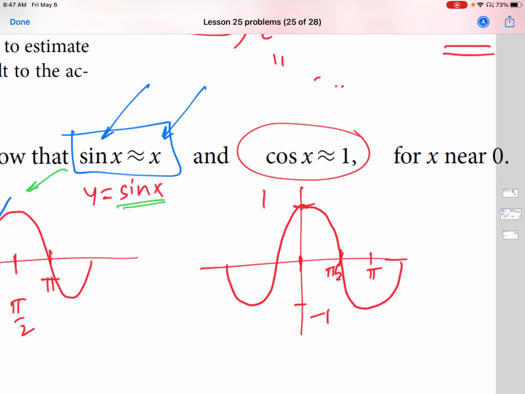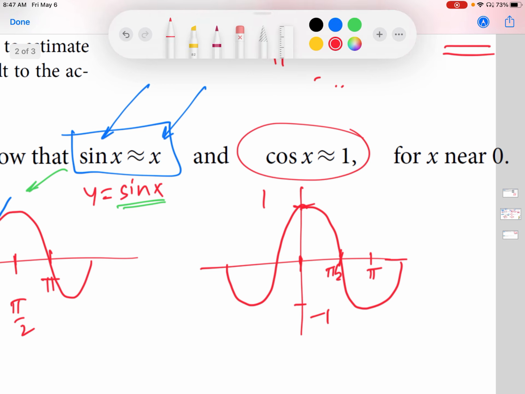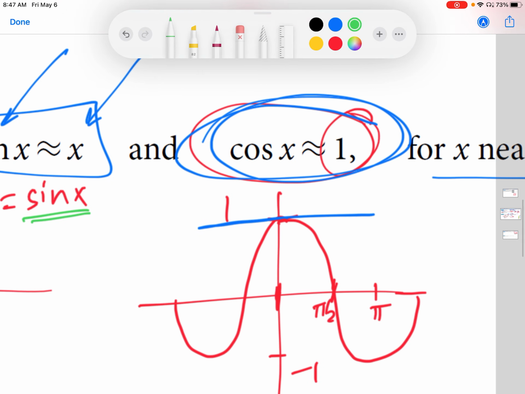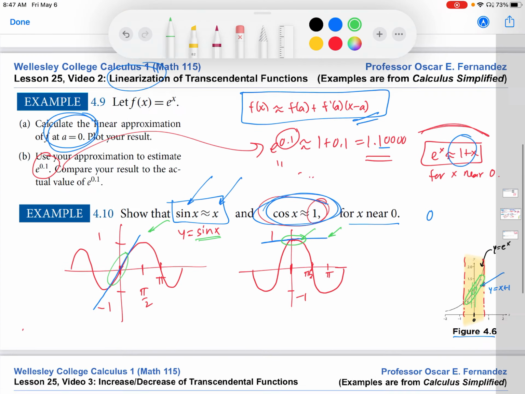For x near 0, if I plot y equals 1, then the values of cosine x are going to be close to the values of 1 as long as x is near 0. And you can see that's true. In this little region over here, the y values of 1 are very close to the y values of cosine x. So once again, that illustrates linearization.